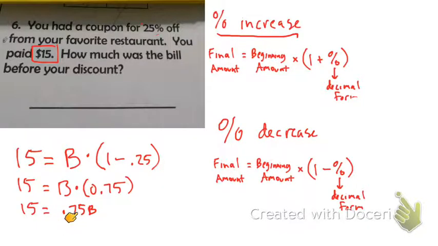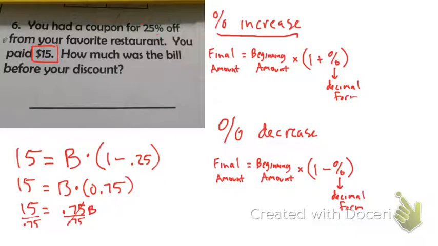Since 0.75 is multiplying B, the opposite of multiplication is division, so we're going to divide both sides by 0.75. Okay, that's gone. Once you do this math here, it will give us our beginning amount, or our bill.